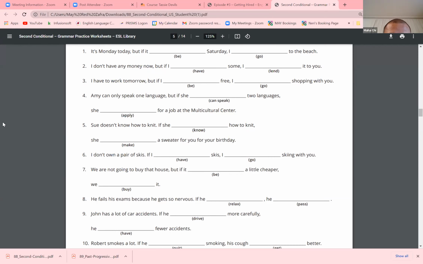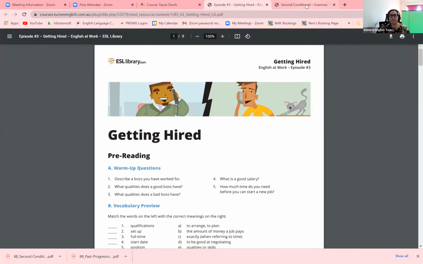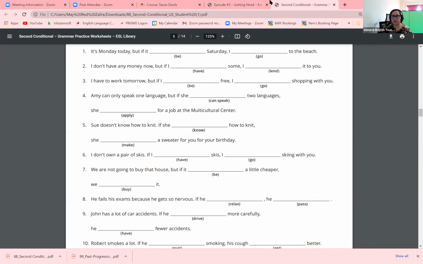What module? Module 6 and 7. Yeah, here, grammar. Second conditional. Page number 5. We're working on page number 5. I can't see it.